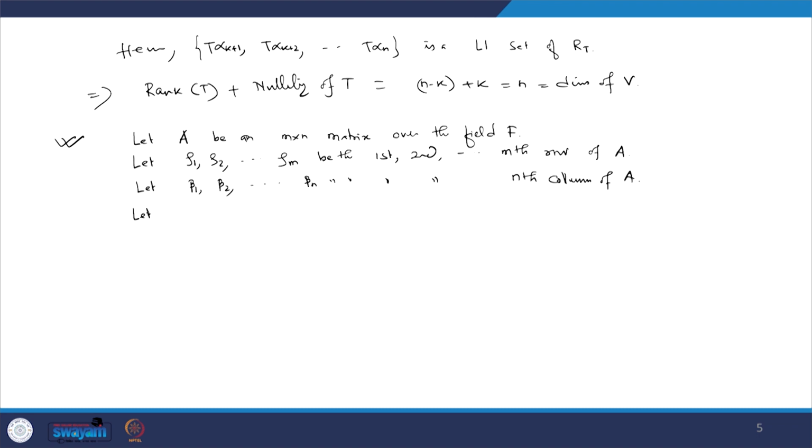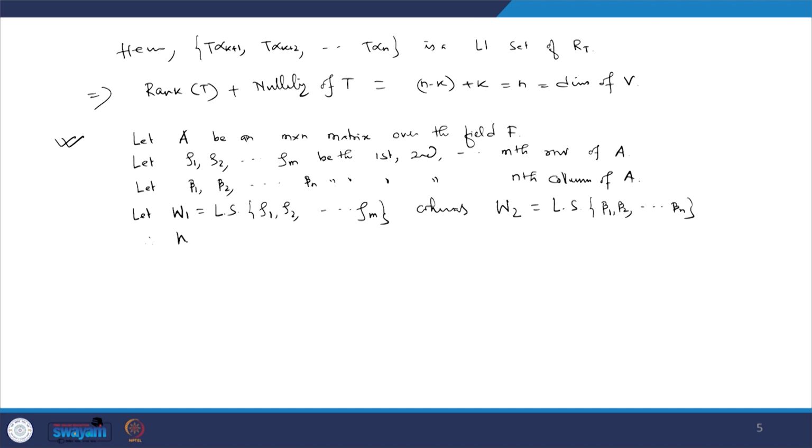Let W 1 be the linear span of rho 1, rho 2, rho m, whereas W 2 is the linear span of beta 1, beta 2 and beta n.